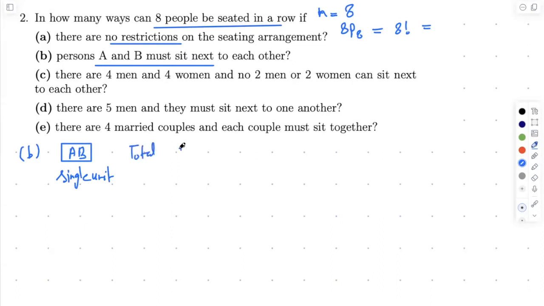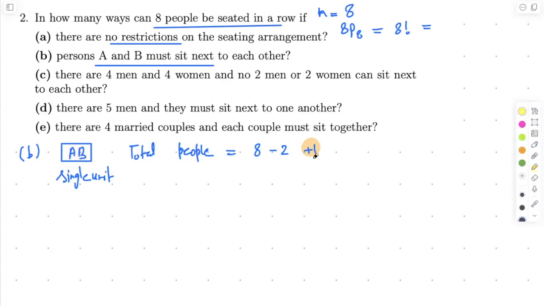There were 8 total people. Now I have subtracted 2 of them because I'm considering them as a single unit. This is the place I will place them. The -2 stands for the positions of A and B being deleted.